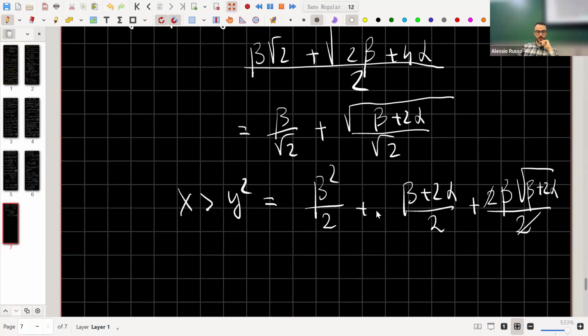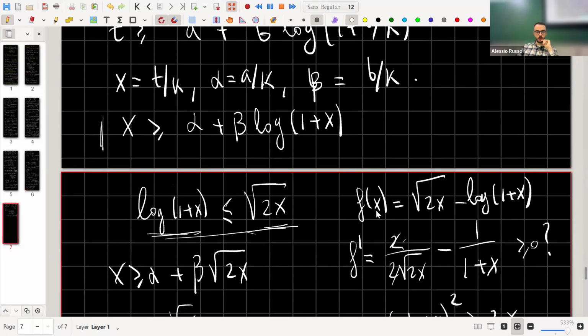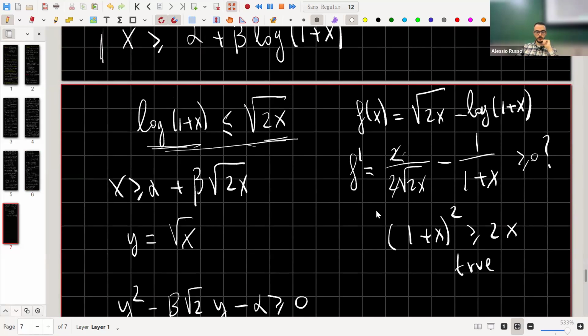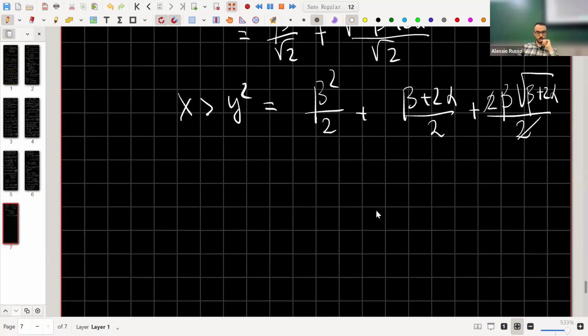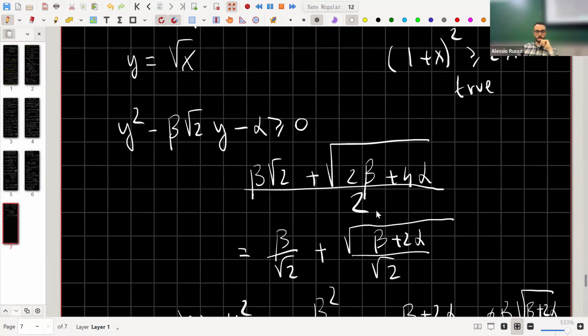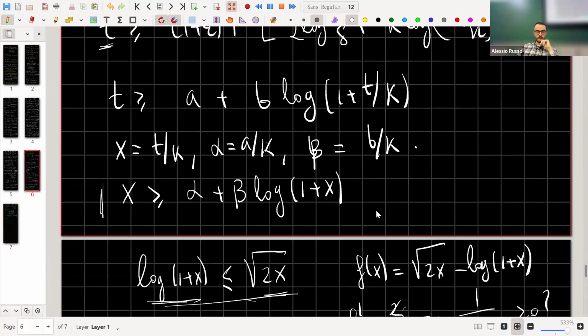But what was x? x was equal to t over k. So t is bigger than or equal to k, that multiplies all this stuff. But what's important here is the alpha term. Why?